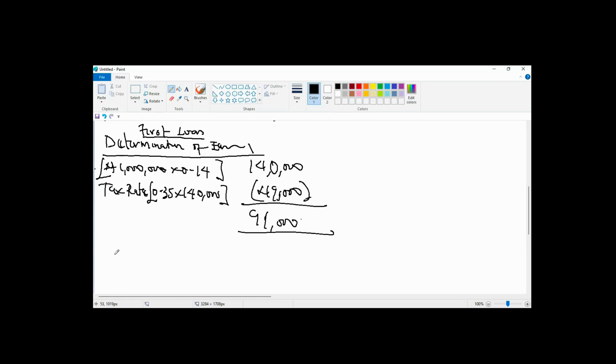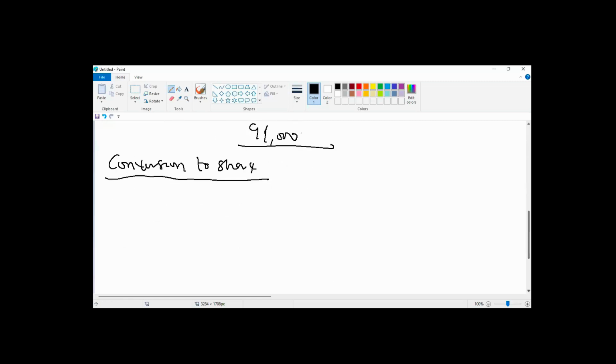Then the conversion to shares. How do you want me to convert it to shares? You must give me the conversion terms. At the rate of 2 shares per 10 naira, so the 1 million principal, how many shares are we giving in return? Naira cancels naira.